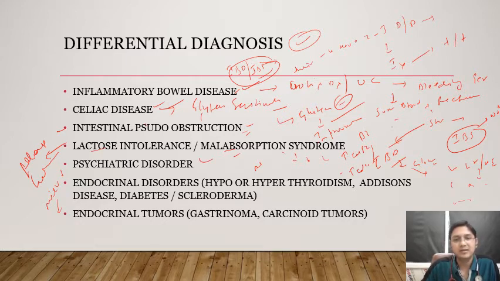In psychiatric disorders like depression and anxiety, they are one of the differentials for inflammatory bowel disease and irritable bowel syndrome, because in psychiatric disorders they are also a precipitating factor.